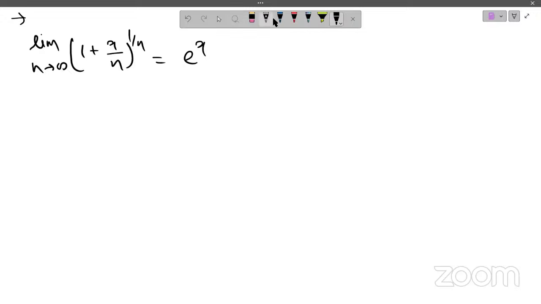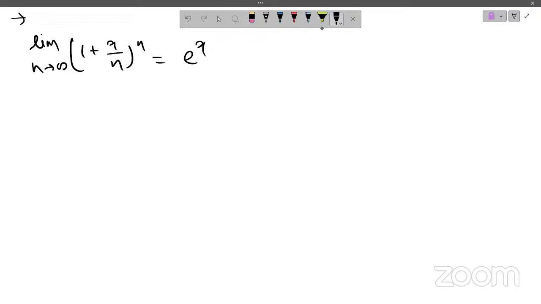Is it 1 by n or n? It is n. So it is e to the power x.